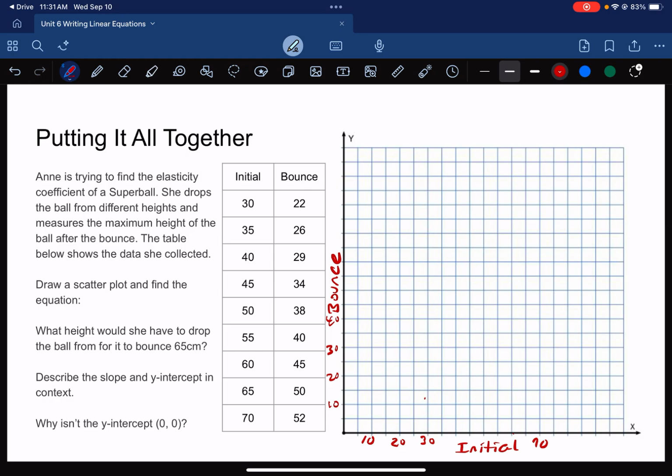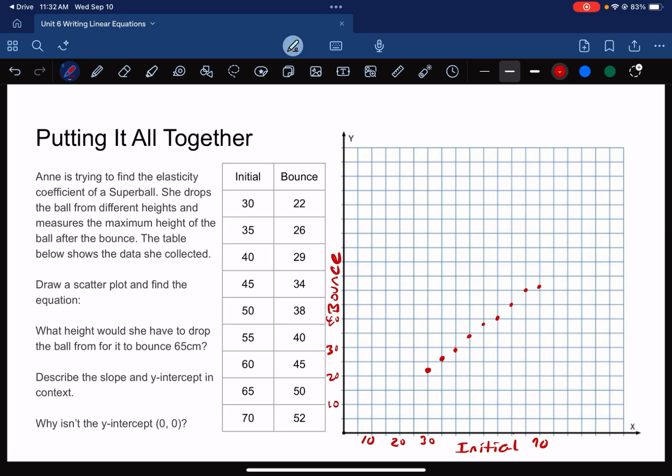So 30 and 22, and 35 and 26, and 40 and 29, 45 and 34, 50 and 38, 55 and 40, 60 and 45, 65 and 50, and then 70 and 52.